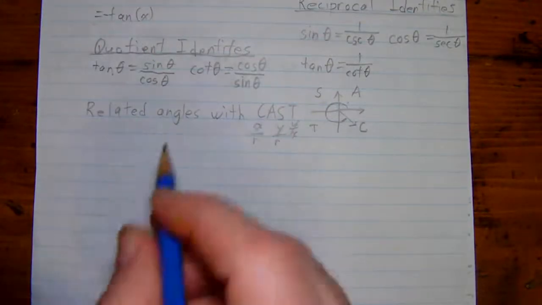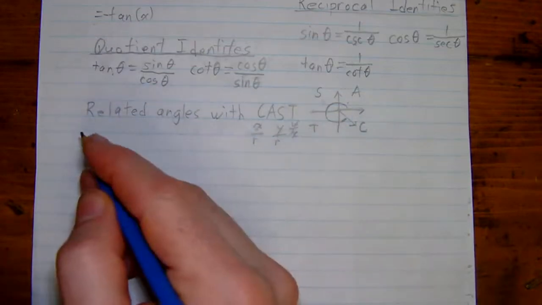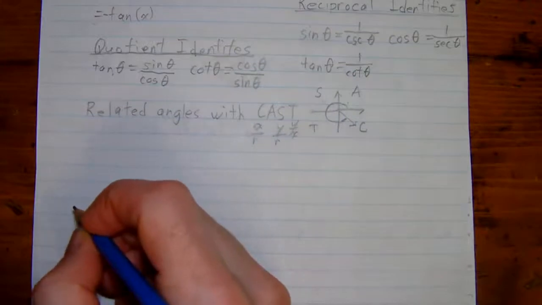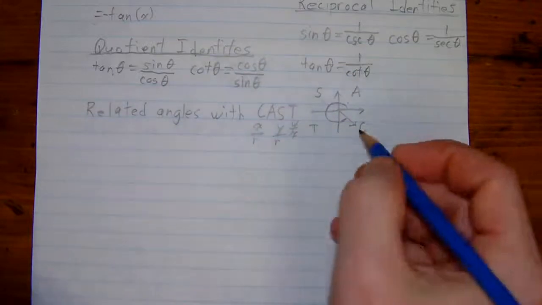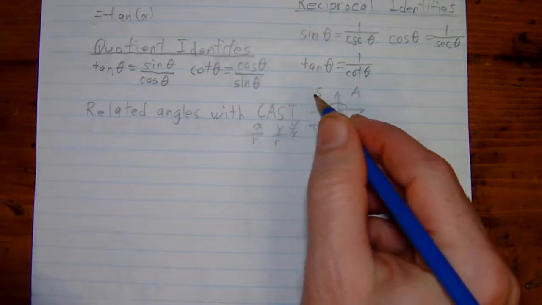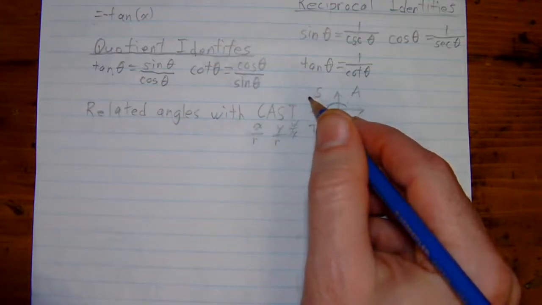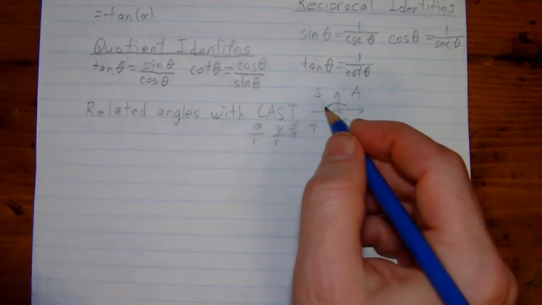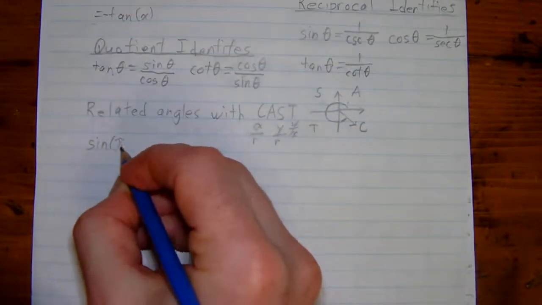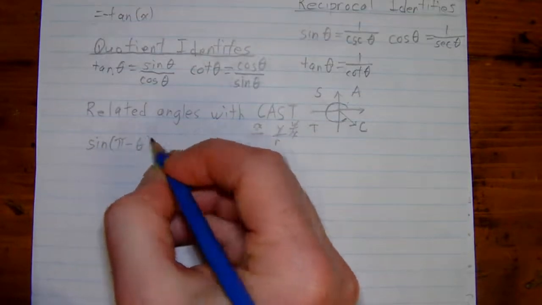So related angles with CAST, we can keep this in mind. Pi minus theta, as you can see in the drawing there, is in this second quadrant. So if we want to look at sine of pi minus theta, that's just going to be sine theta.